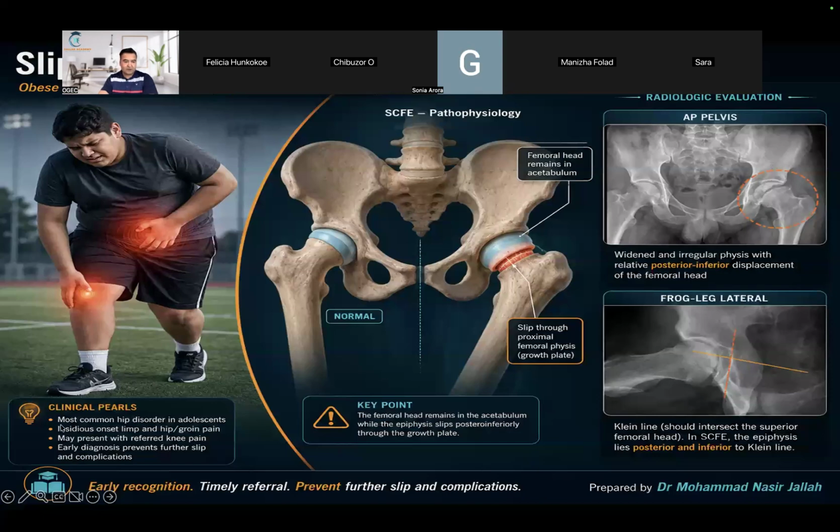Okay, the clinical pearls: most common hip disorder in adolescents, insidious onset limp and hip or groin pain, may present with referred knee pain, which usually it will. Early diagnosis prevents further slip and complications. We did this: early recognition, timely referral, prevent further slip and complications.